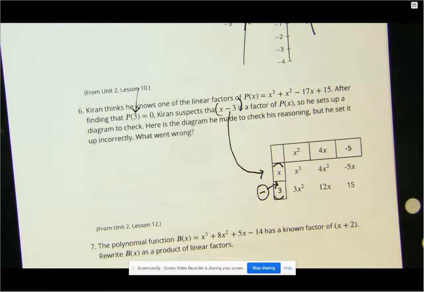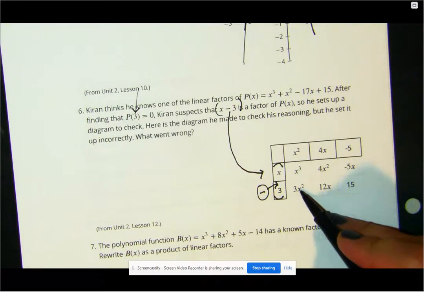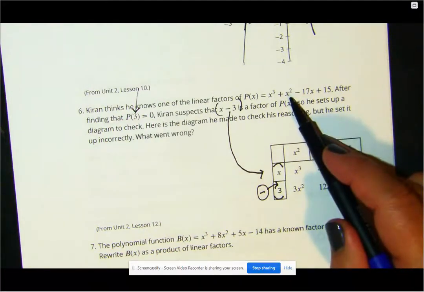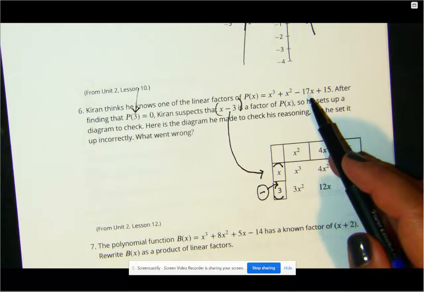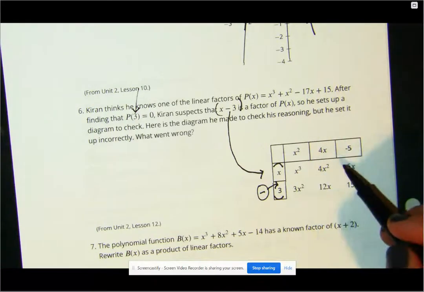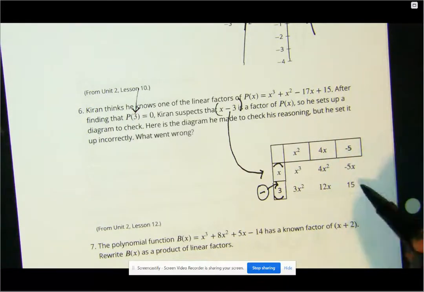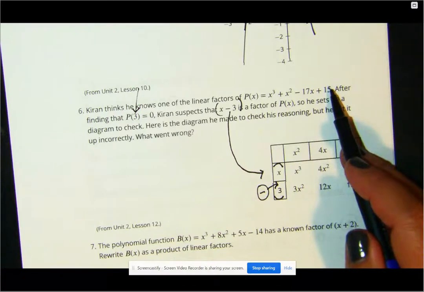Okay? And how can you tell it doesn't come out? Because, I mean, look here, 3 and 4 don't make 1. 12 and negative 5 don't make 17. When you do the division, if it is a factor, it should come out to this polynomial.